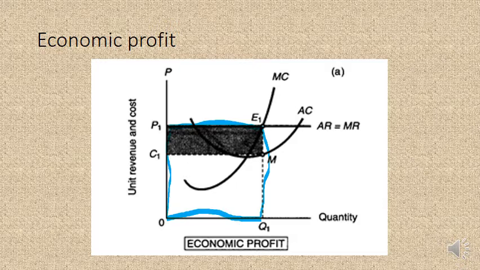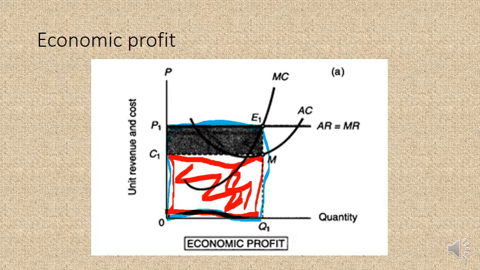Then, if we look at the total cost area, I'll highlight in red. Now we are only looking at the average cost, which is here at point M, multiplied by the quantity. So here, your cost area would be 0, C1, M, Q1, and back to 0. So only this little block at the bottom.